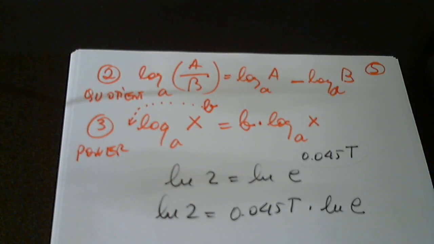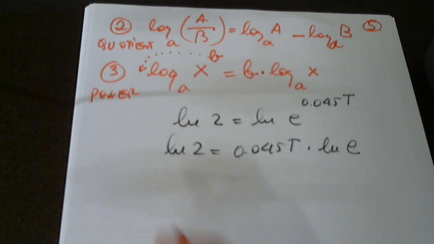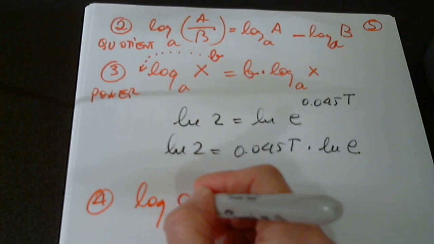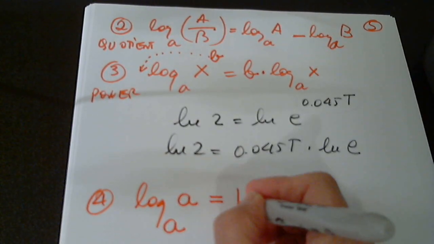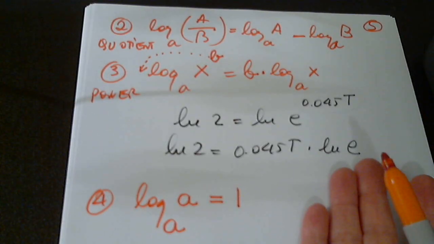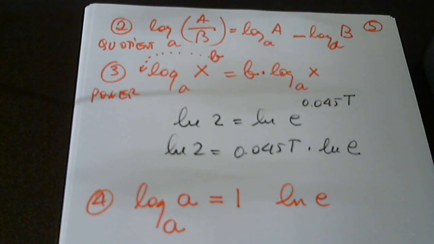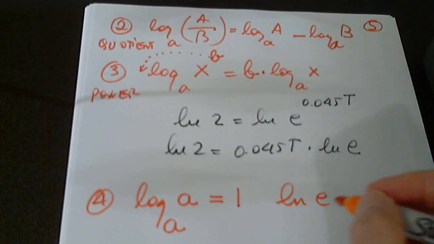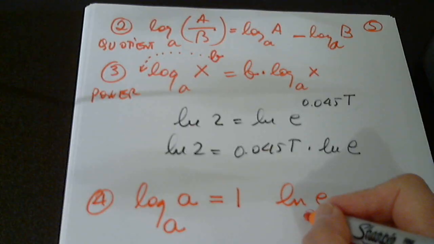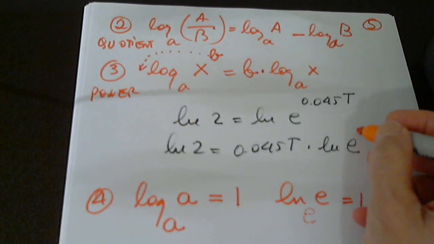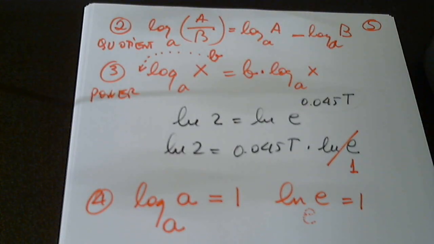Well, this is another property. Log in base a of a is always 1. Same thing here. When you see natural log, you don't see the base, because by convention, we know it's e. We don't write it. So log base e of e is also 1. So this piece is 1.